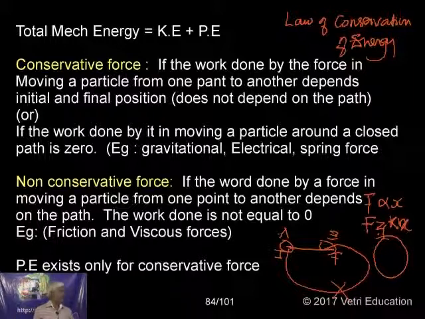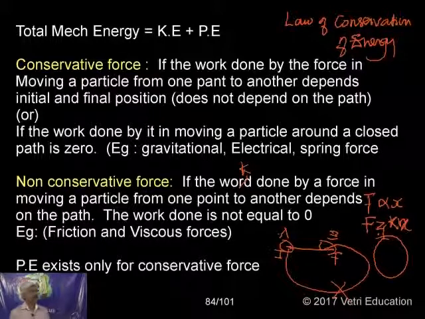What is non-conservative force? The same thing. If the work done by a force in moving a particle from one point to another depends on the path, whereas in the previous case it depends only on position, then the force is called non-conservative.